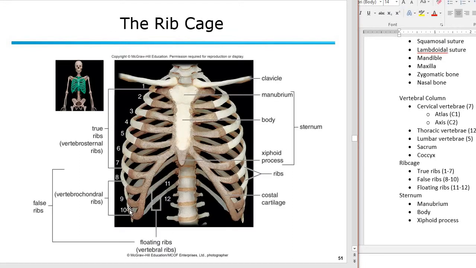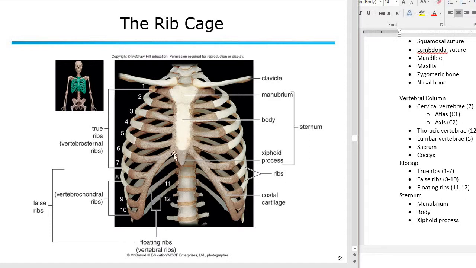Before we move on to the appendicular, let's look at the sternum. The rib cage is attached to the sternum. The sternum is this whole bone here, but it actually has three parts that you need to know. There's the manubrium, which is the top, and it's kind of this almost diamond-shaped part of the sternum. We have the body, which is the long part, and then the xiphoid process, which is down at the bottom, the little pointy part.